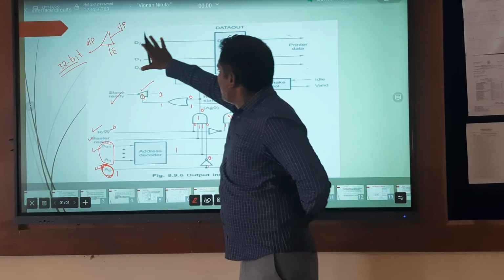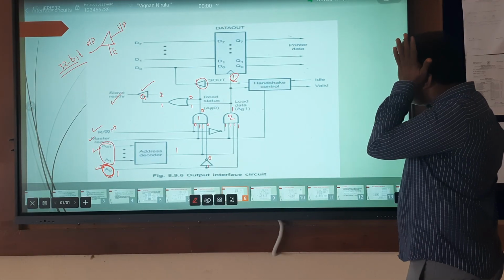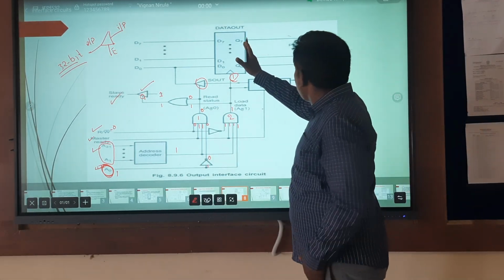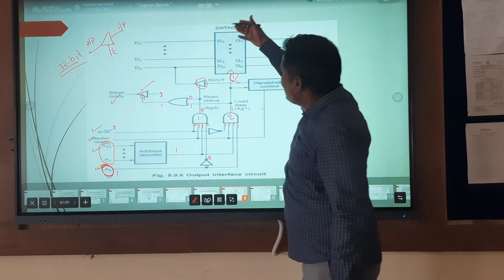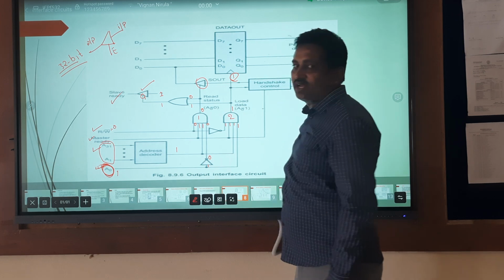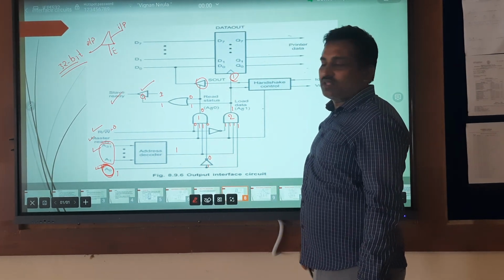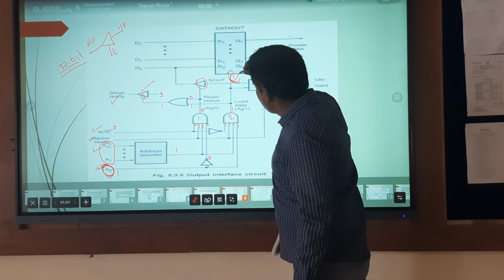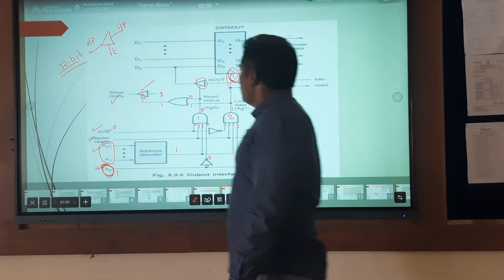That is, the data placed on the data lines will be transferred to the data out register. From that, the data will be transferred out to the printer. Suppose it is an 8-bit register, it contains 8 drivers. Those drivers are operated with the help of this enable signal. Now look at this.